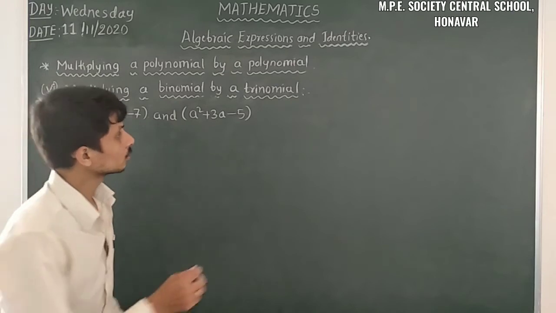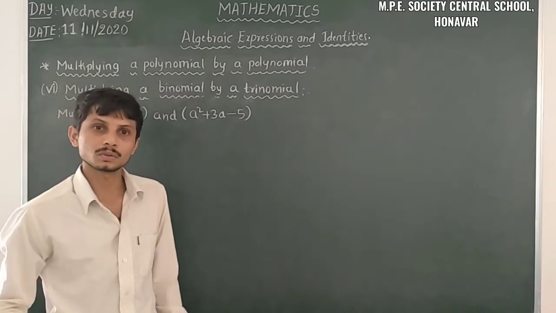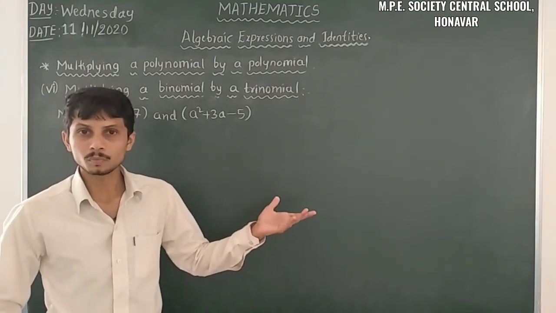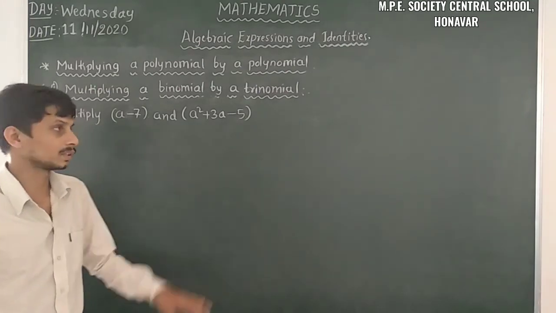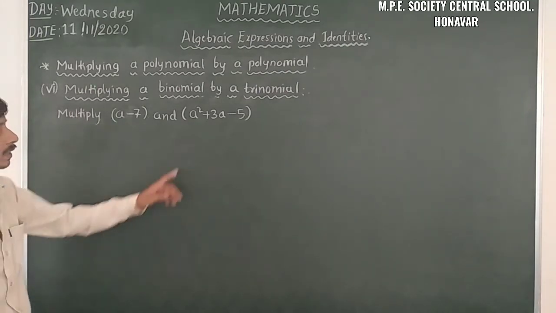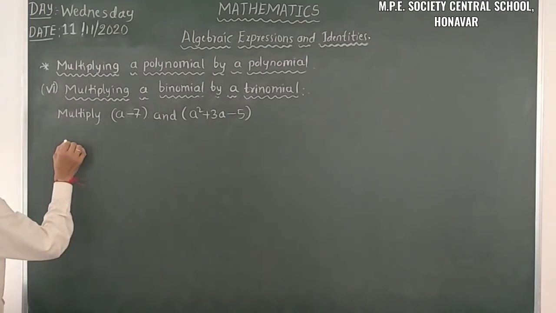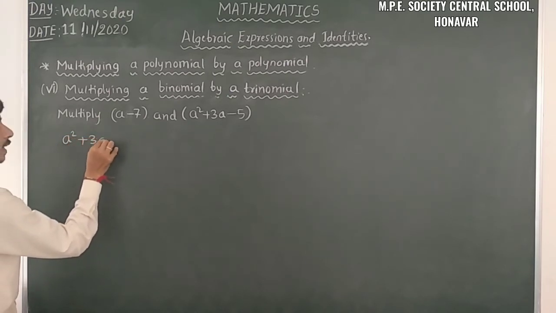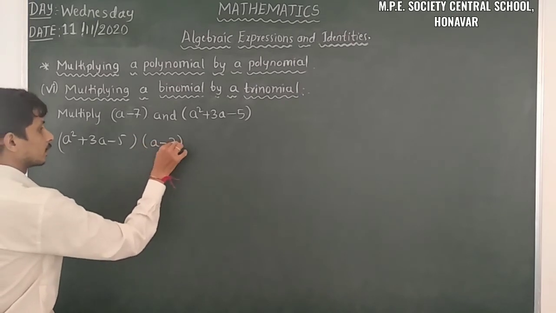So you can consider the trinomial as a monomial or the binomial as a monomial. Here we continue with the operation, considering the trinomial as a monomial. Firstly I will write the trinomial, a square plus 3a minus 5, and a minus 7.